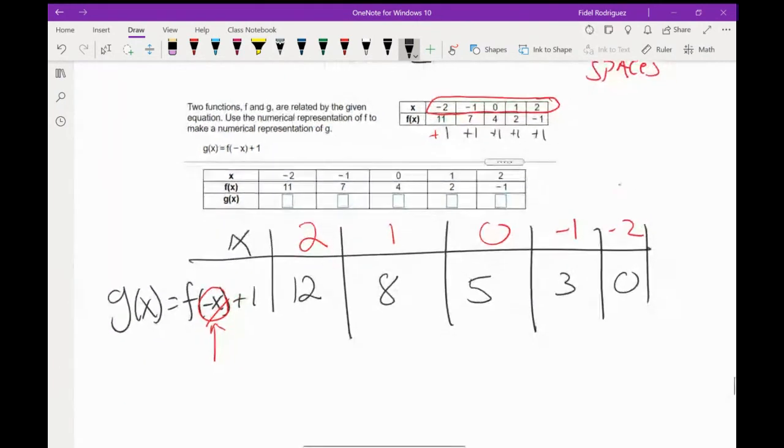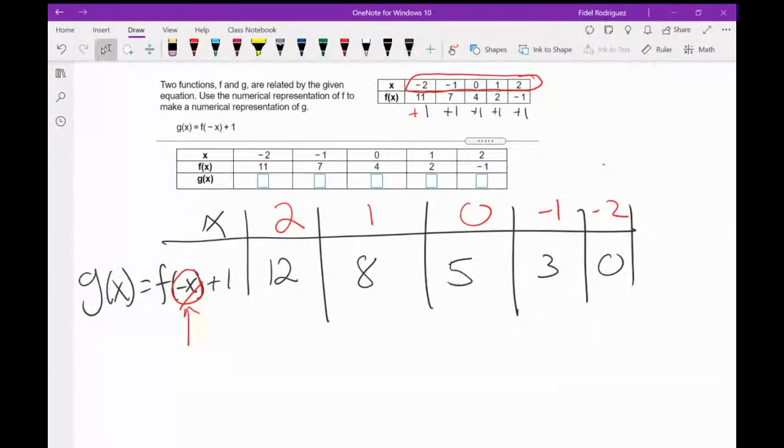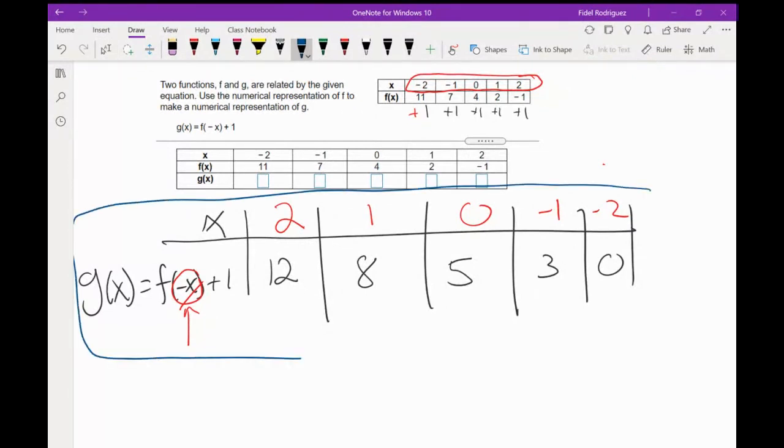Now, guys, I want you all to take a look at my table here compared to their table here. I'm starting off with 2, 1, 0, minus 1, minus 2, but they're actually starting off the opposite way, right? So what does that mean?